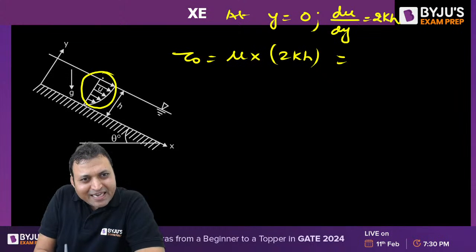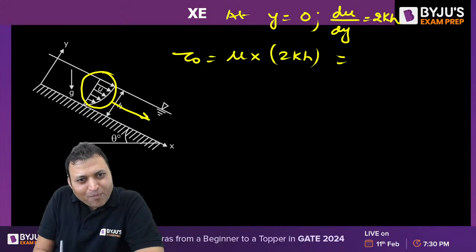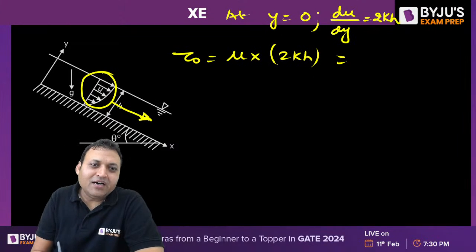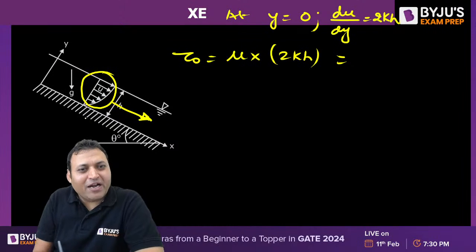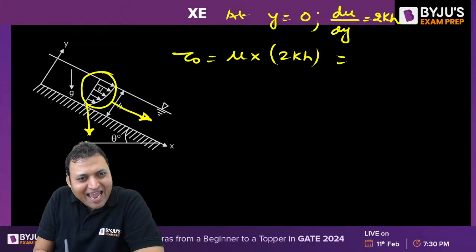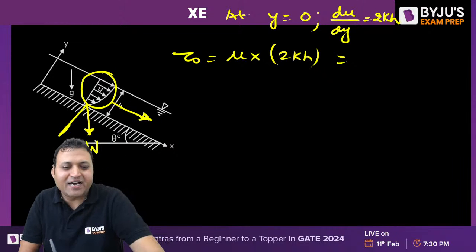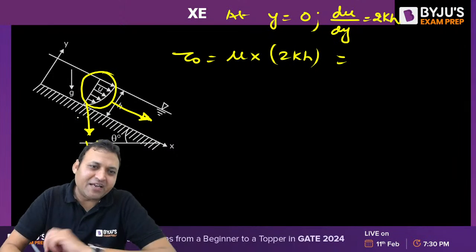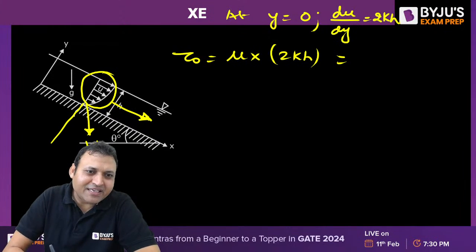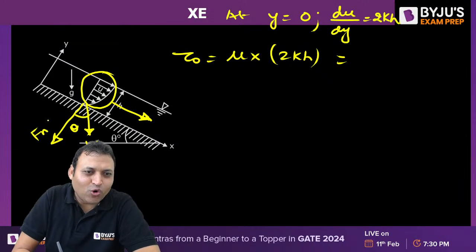Shear force is the tangential component of the weight. Weight is acting in the downward direction. This angle will also be theta, if the angle of inclination is theta. This will be the normal force, W cos theta.